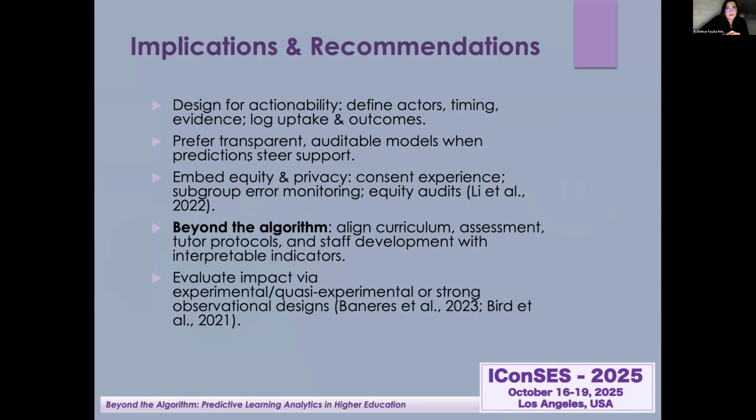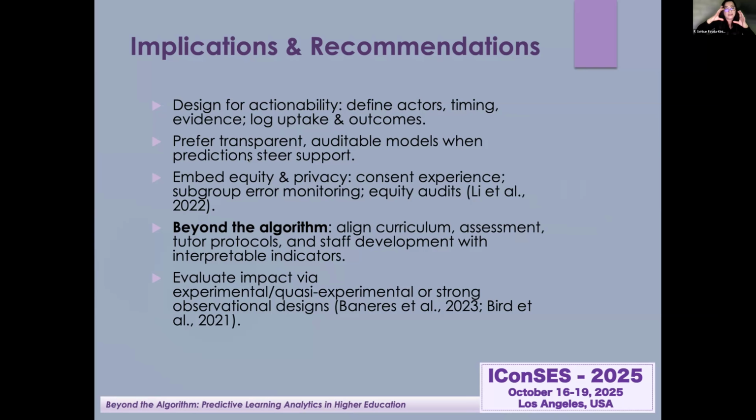Transparent, auditable models are necessary because we cannot basically use predictions alone. If you have the predictions, they do not easily translate into actions or support.